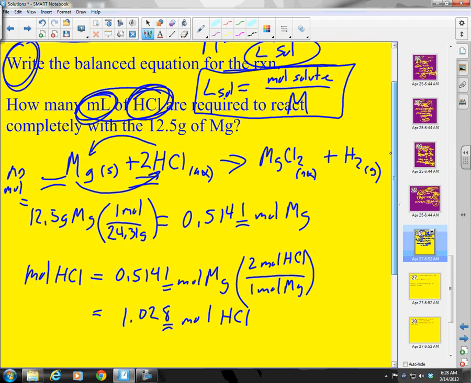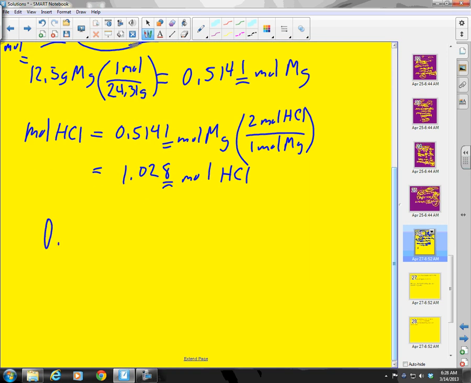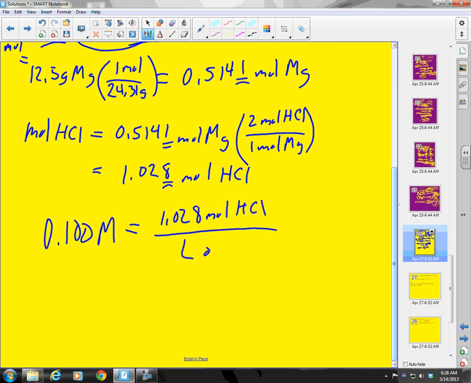I go back up here and I have 0.100 molar, and that's going to be equal to 1.028 moles of hydrochloric acid divided by liters of my solution, and that means liters of my HCl aqueous, right?